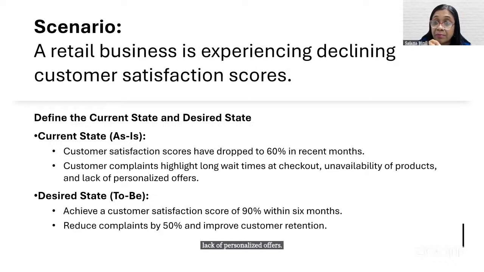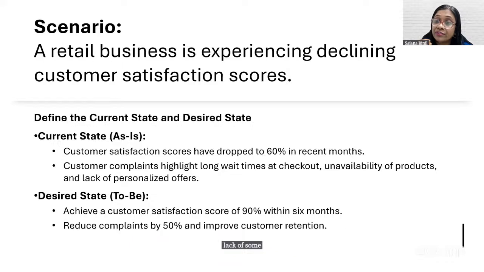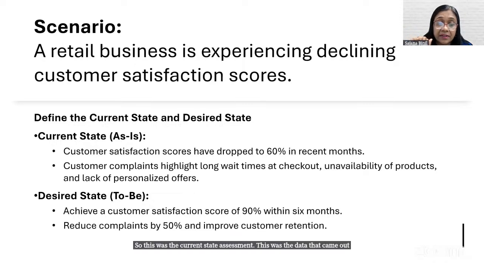Several products which were required by the customers were always unavailable. Lack of personalization of offers was again one of the complaints, and long wait times. So this was the data that came out of the current state assessment.